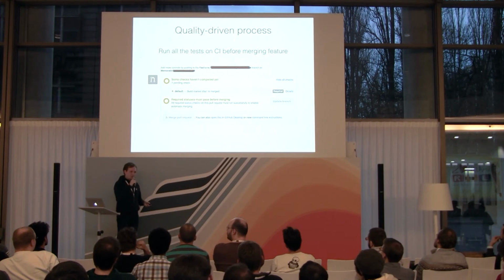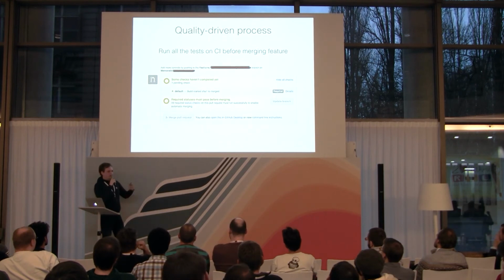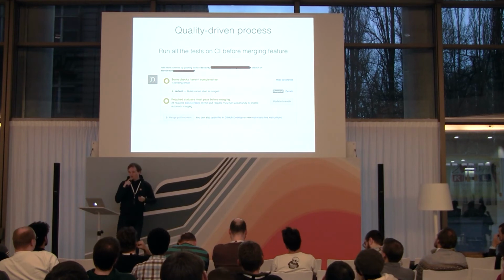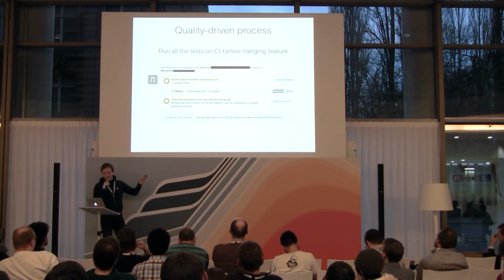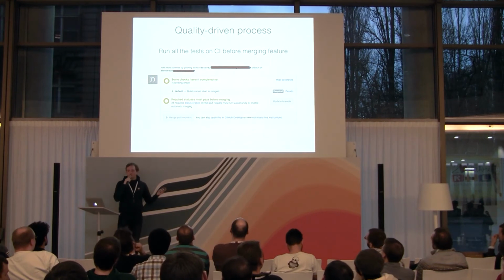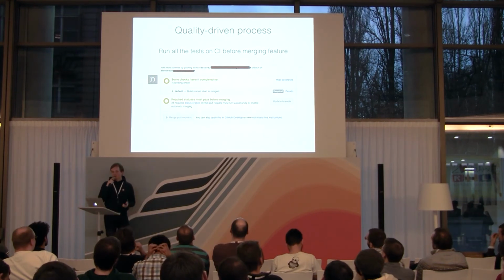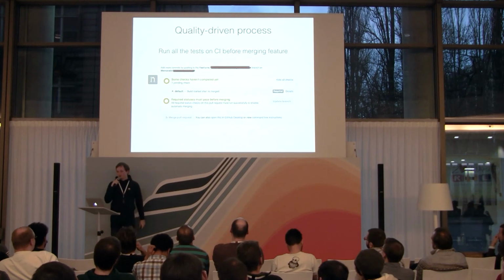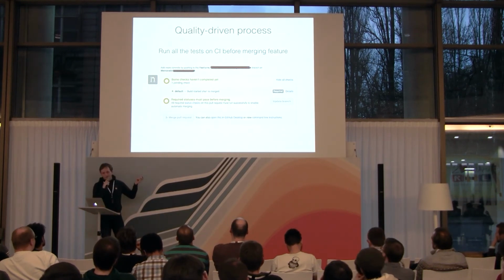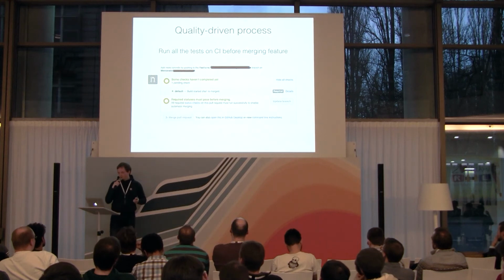Because we had a lot of troubles before with that. We were accepting pull requests which then fail and break the master, and you try to fix it. So GitHub has this nice feature called protected branches, and you can say, okay, don't merge anything to my master unless the checks pass, unless the tests run. So you see, you submit a pull request, and then you cannot merge unless the tests run.